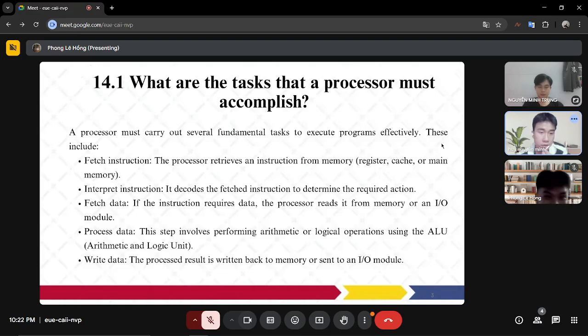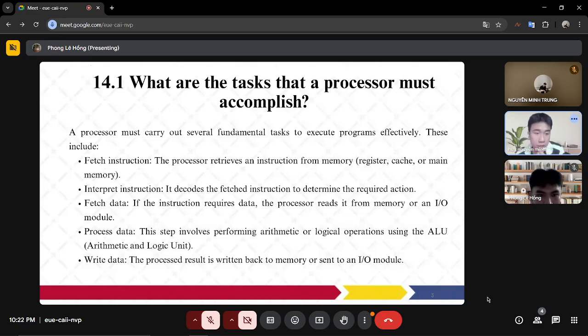Interpret instruction. It decodes the fetched instruction to determine the required action. Fetch data. If the instruction requires data, the processor reads it from memory or an I/O module. Process data.